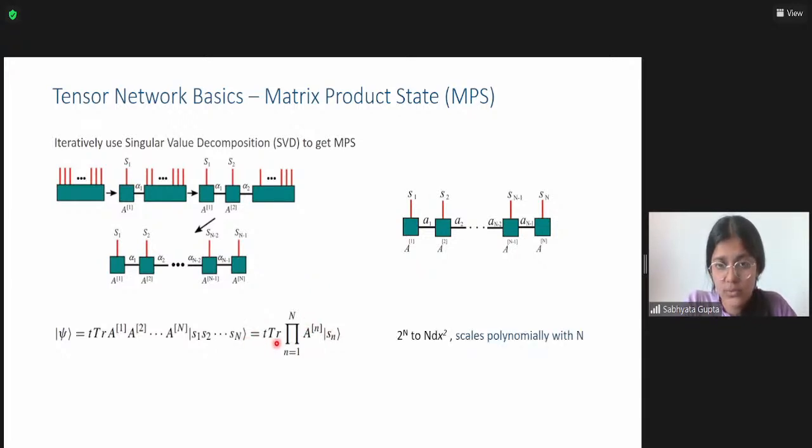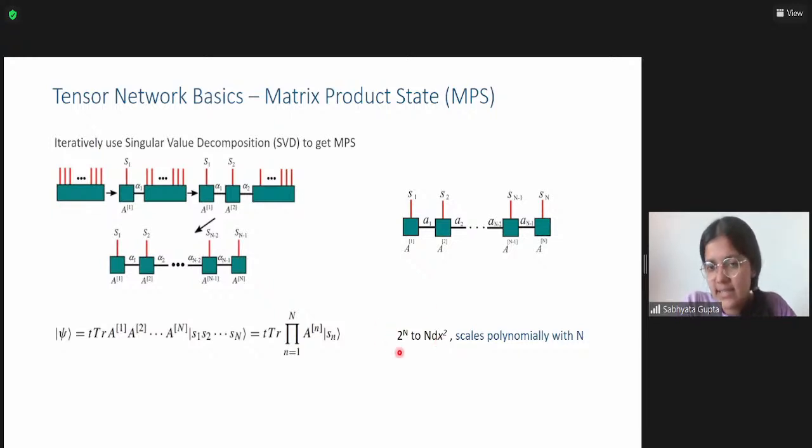Mathematically, it can be shown that the 2 raised to power n coefficients that are stored in an nth order tensor, within this matrix product state, we only need n into d into x squared elements to effectively represent all the information. Here, d is 2 into the spin plus 1, basically spin multiplicity, and x is the bond dimension, which we will not discuss over here.